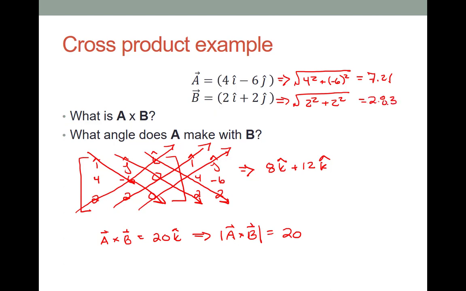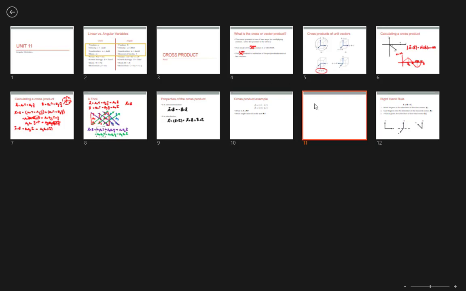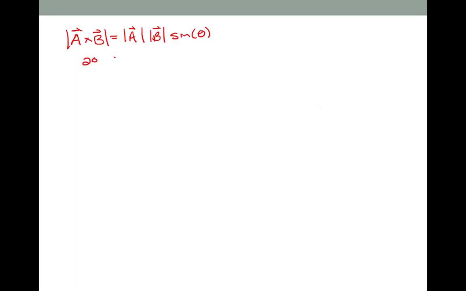Okay, now that we have all of these magnitudes, we can find A cross B equals the magnitude of A, magnitude of B, times the sine of the angle between them. So 20 equals 7.21 times 2.83 times the sine of the angle.